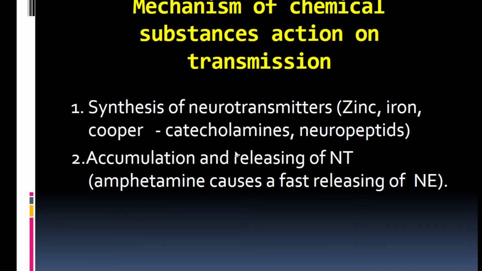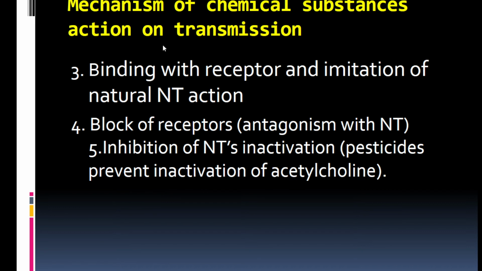These elements are included in the chemical structure of catecholamines and neuropeptides, and influence the process of accumulation and releasing of neurotransmitters. For example, amphetamine causes a fast releasing of norepinephrine.